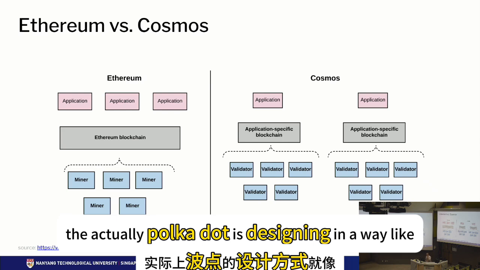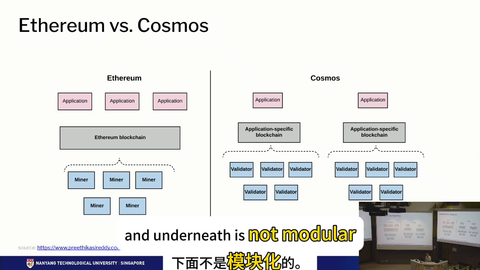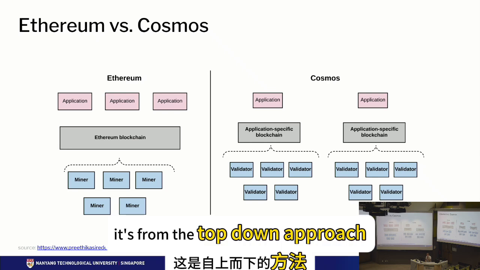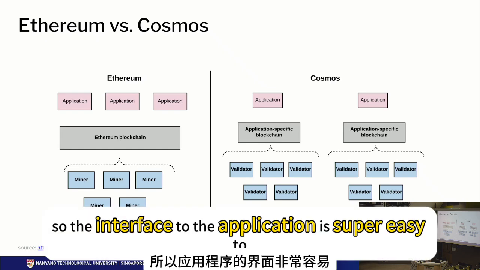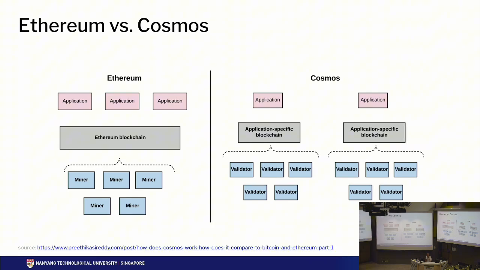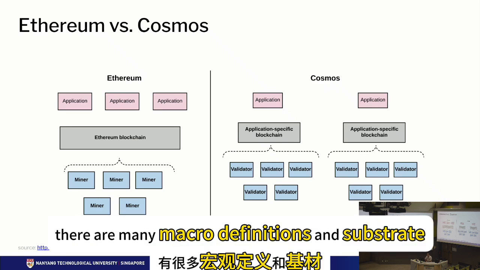Polkadot is designed in a way that the underneath is not modular, even though they call it modular. It's a top-down approach. The interface to the application is super easy to interact with, but the underlying module is very difficult to change because there are many macro definitions in Substrate.